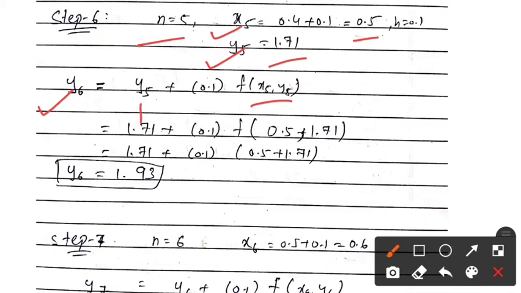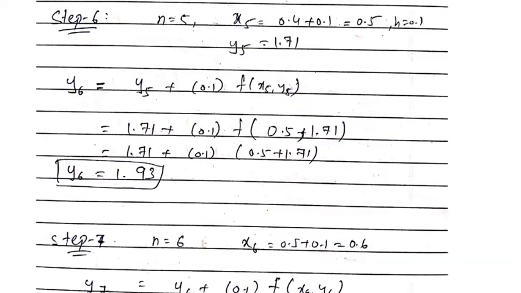So putting the values of x5 and y5 in this equation, you get the next step. Now again, f of xy given to you is x plus y. On solving this particular equation, you get y6 as 1.93.